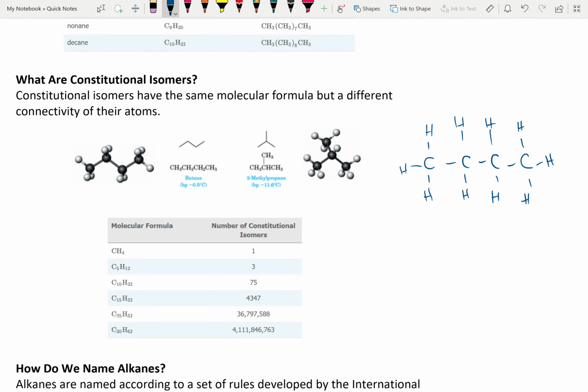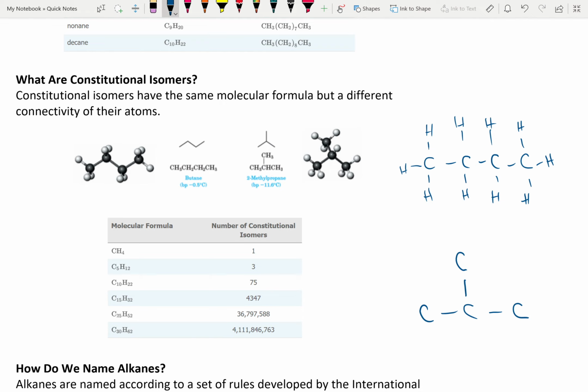And then here we have 2-methyl propane. So what happens there? We pretty much have the same 4 carbons written differently. So we have 3 carbons, and then we have another carbon bonded to the center carbon.